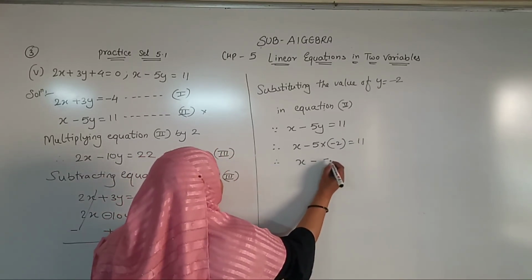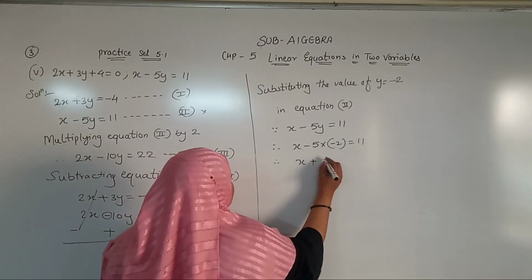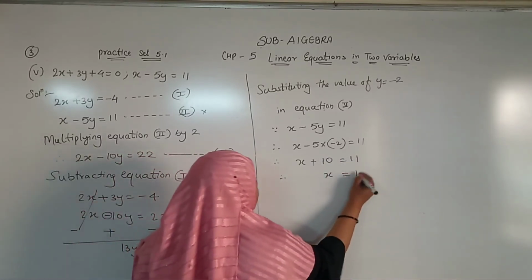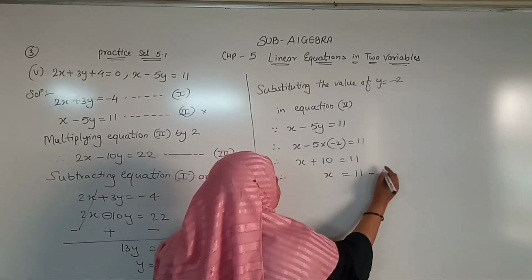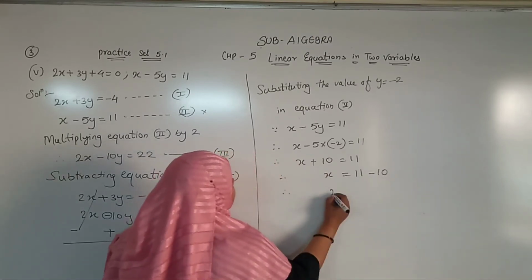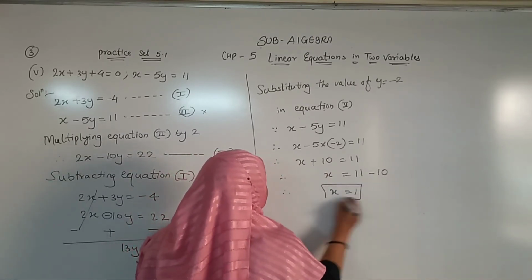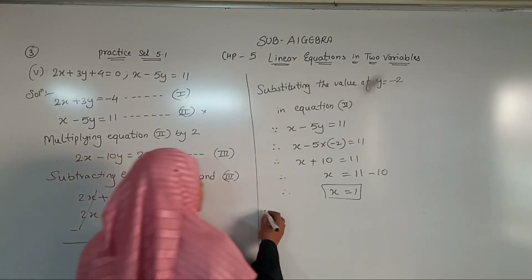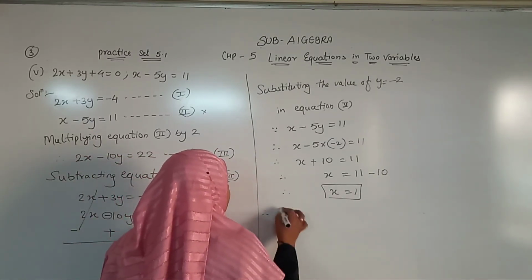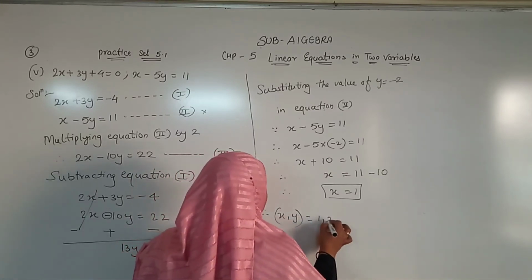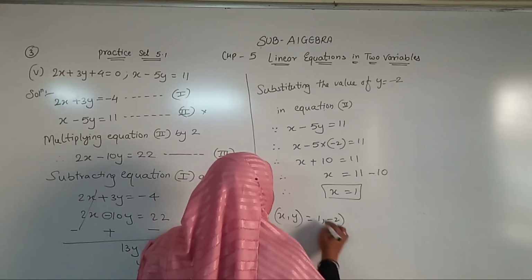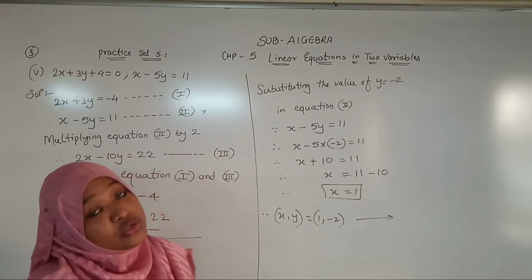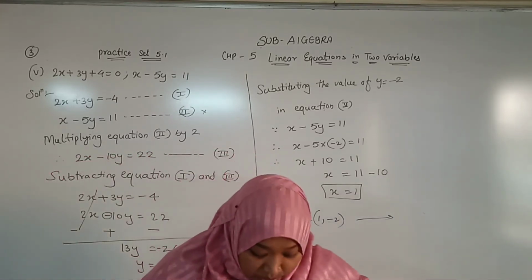Therefore, 5 2s are 10, minus minus plus, x plus 10 equals 11. Therefore, x equals 11 minus 10, so x equals 1. Now, in the statement you should write: x and y equals 1 and minus 2 is the solution of the given equations.